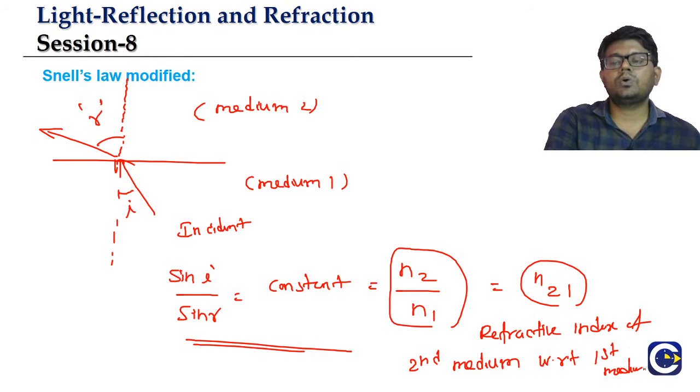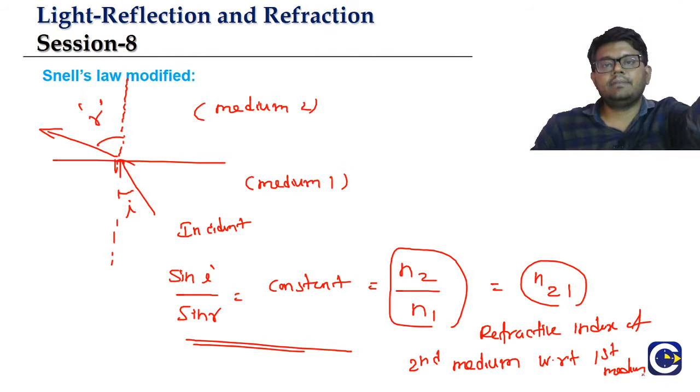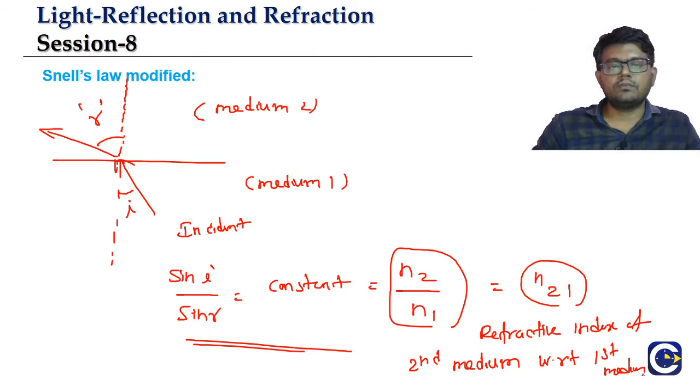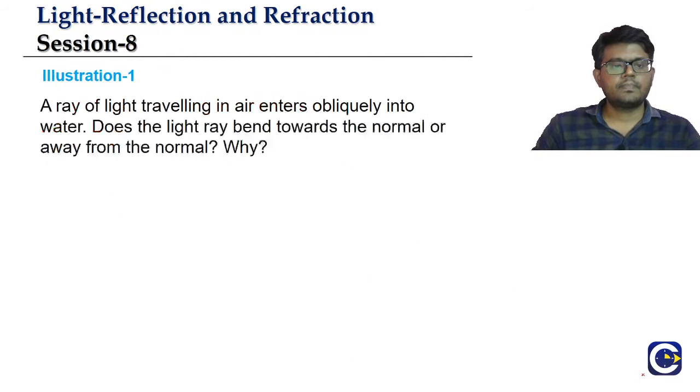So we take the ratio of the refractive index of the second medium divided by the refractive index of the first medium, and we call it N21. This is the modified Snell's law: sin A by sin R is equal to N2 by N1. Okay, now we look at some sample problems on this.